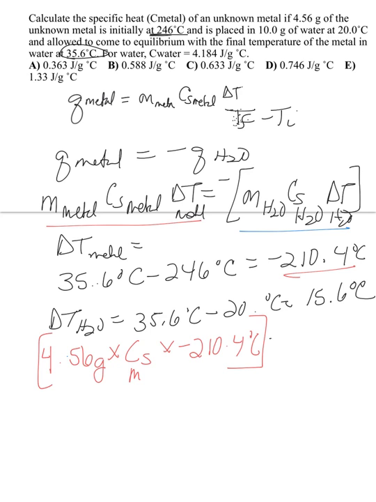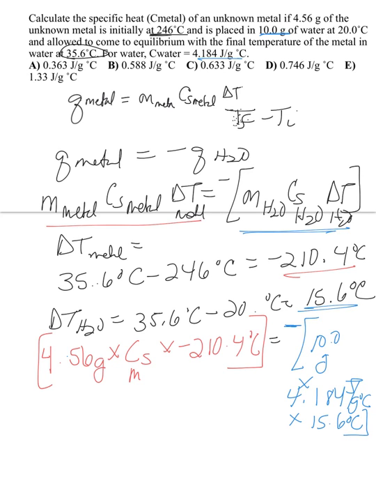And then we do the other side, the water equals the mass of the water. Let's go ahead and put our negative sign out here. 10 grams times the specific heat of the water, which is given to us, 4.184 joules per gram degree Celsius, times the delta T of the water, 15.6 degrees Celsius.